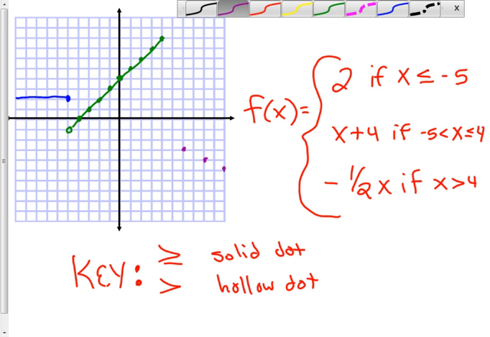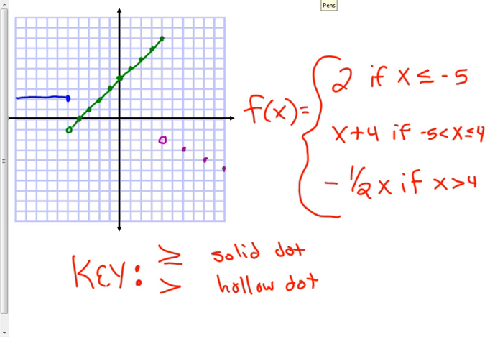So for that one, I use a hollow dot right there, and then draw the line through those points, and that would continue on because x's can go greater than 4. So there's the graph of a piecewise function. F of x equals 2, f of x equals x plus 4, f of x equals negative 1/2 x.